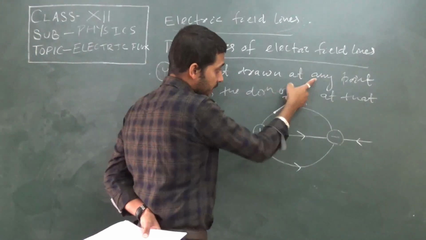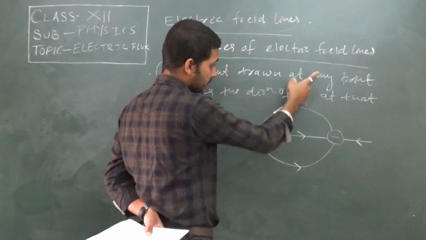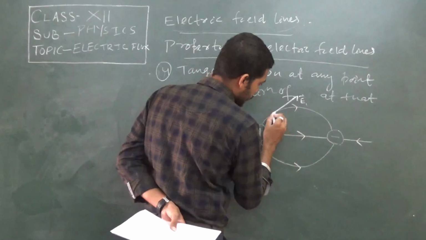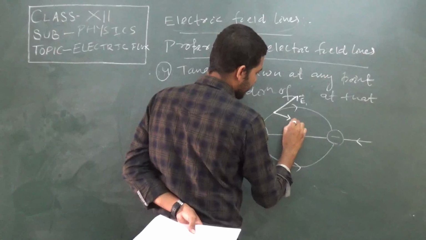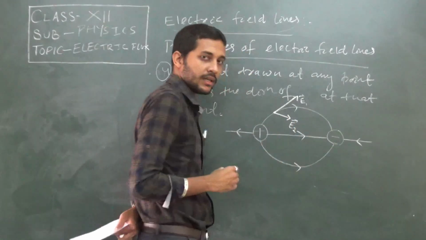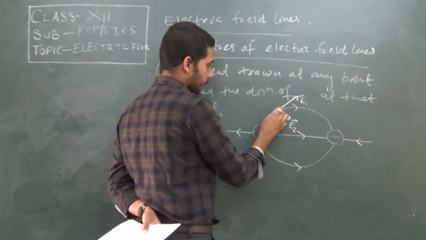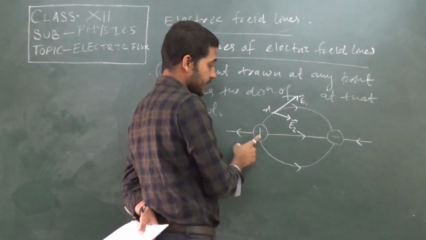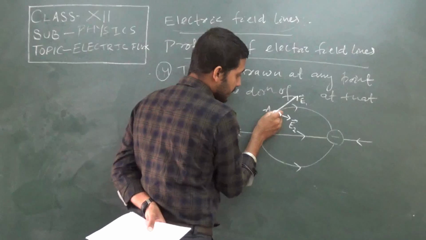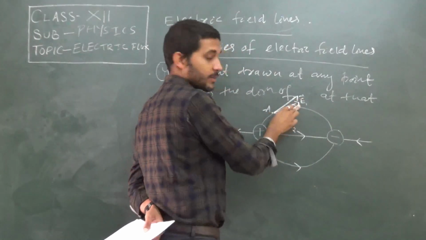That's why the tangent I have drawn, the length is a little bit higher. Negative one, as it is at a higher distance, the electric field on it is found to be less. So when on a particular point, let us say point A, two electric fields are acting due to positive and negative charge, then it must have a resultant. So this is the direction of electric field.